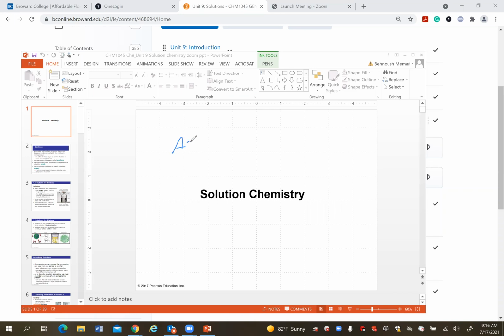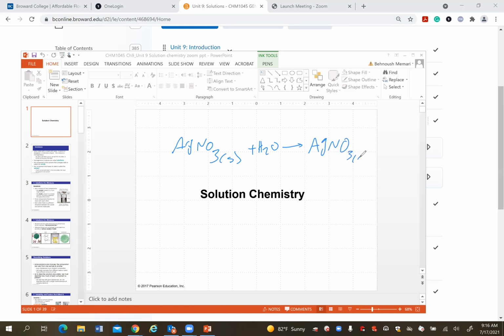If you have silver nitrate, an ionic salt, and it's solid silver nitrate, it is not a solution, it is a compound. But if you add water to silver nitrate, it dissolves in water.